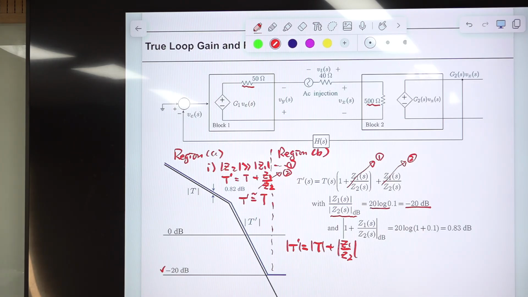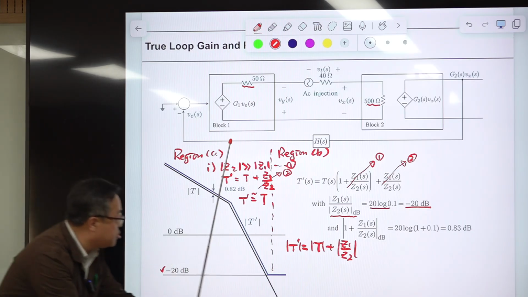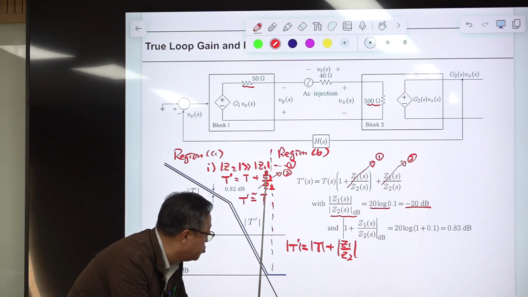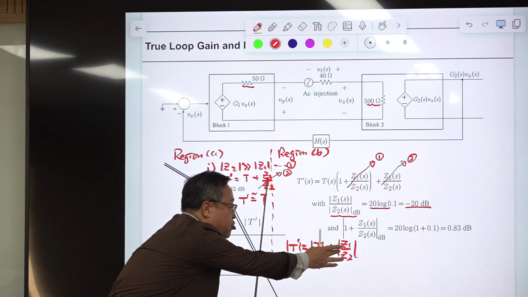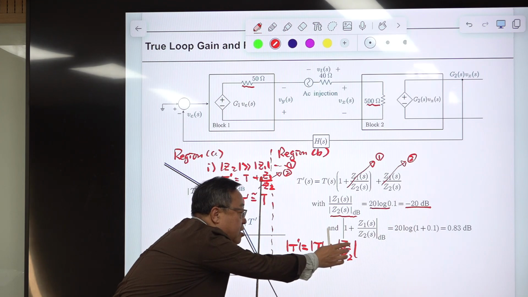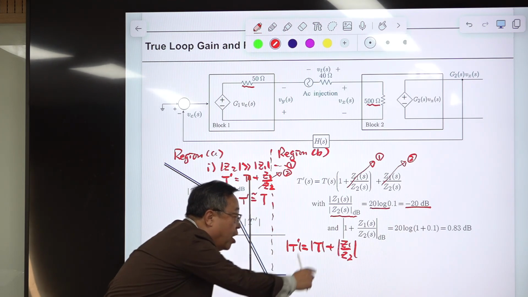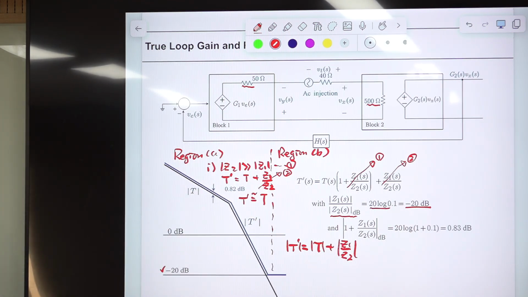This equation remains the same, but in this region, if you compare the magnitude of T here and the ratio of two impedances, this one is much larger. This term is over this one. Then in this region, T prime is actually this one, G1 divided by G2, the magnitude of this, all right?